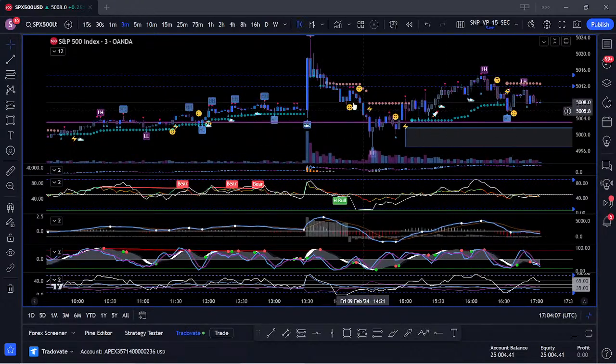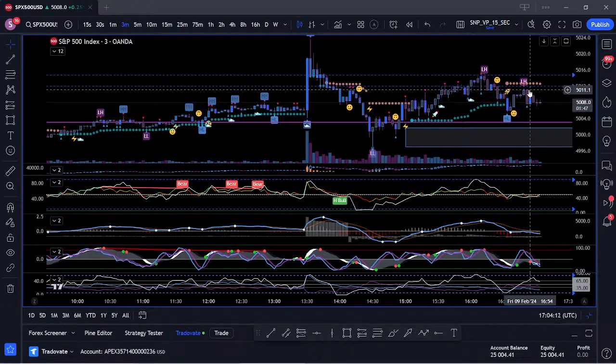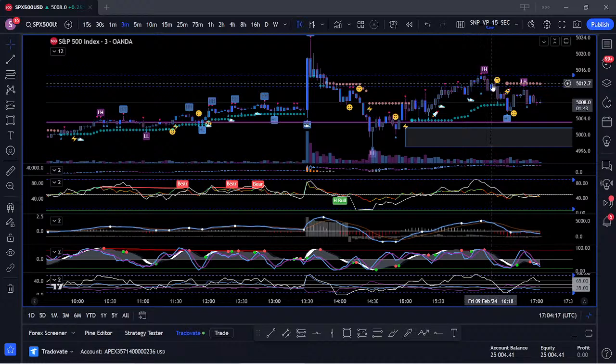Look at this. This is the lower high of the 15. This is the lower high of the 3 minutes. This is the one.